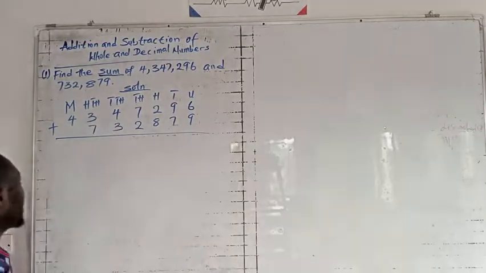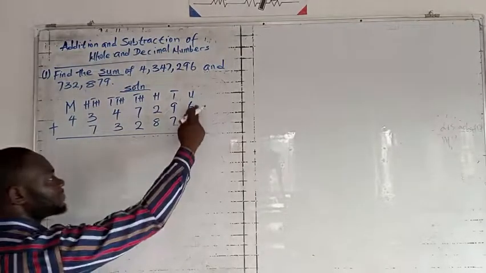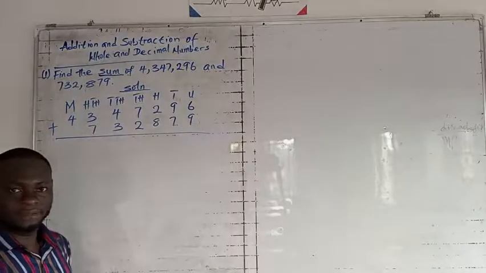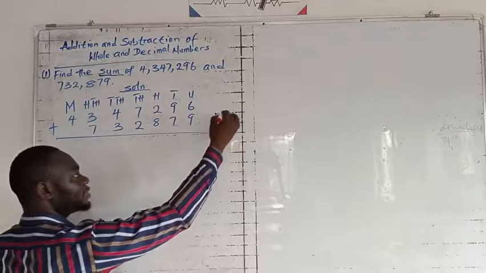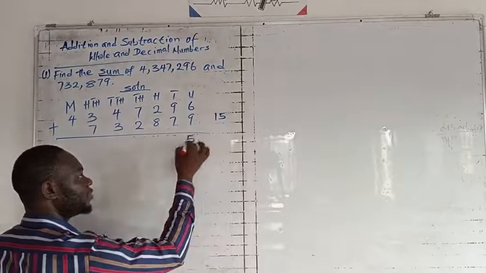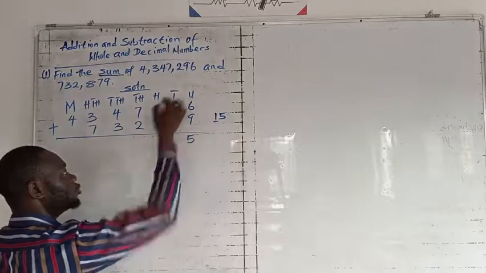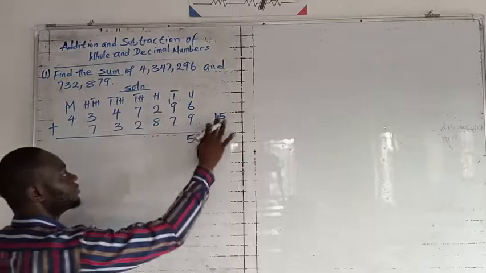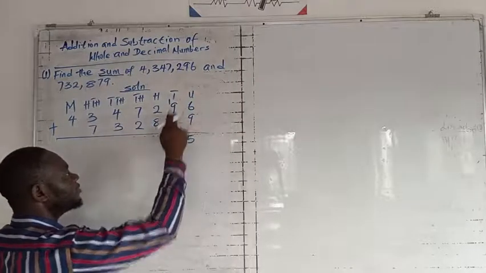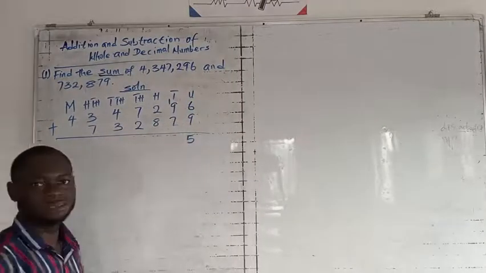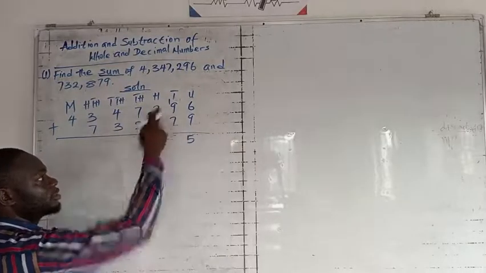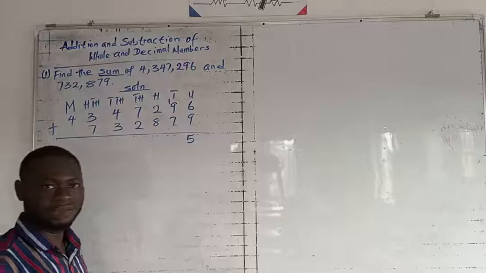Okay? Now let's add. 6 plus 9 is what? 15, right? So we write 5 down and we carry 1 to the next place value. Now let's add 9 plus 7, 16. Plus 1 we carried from here becomes what? 17.